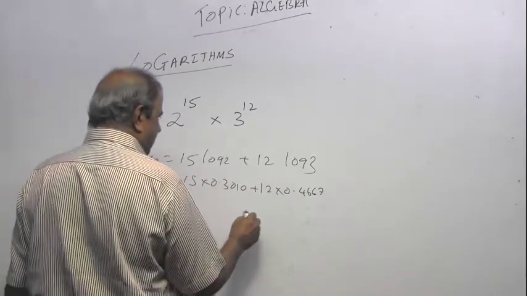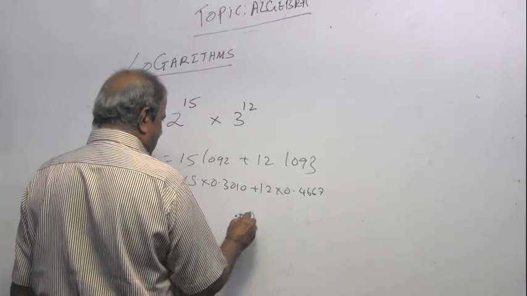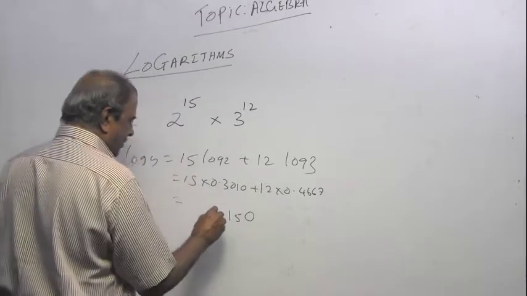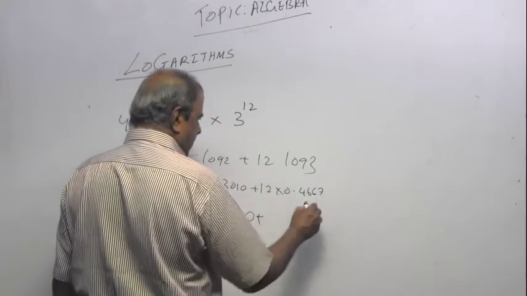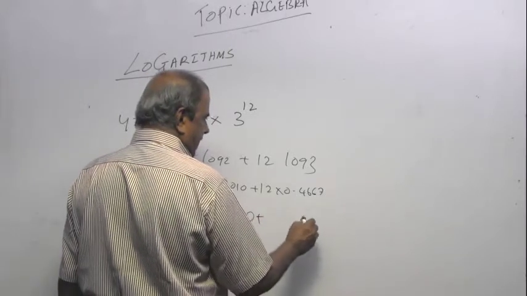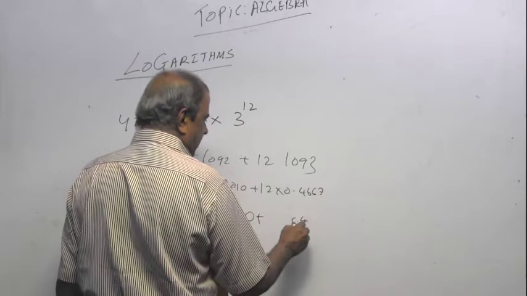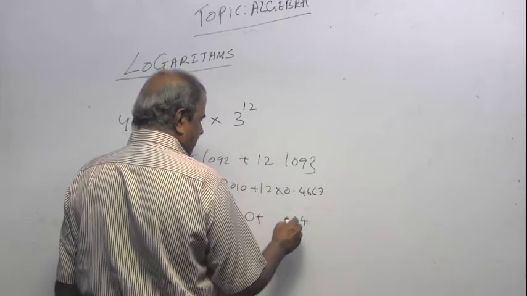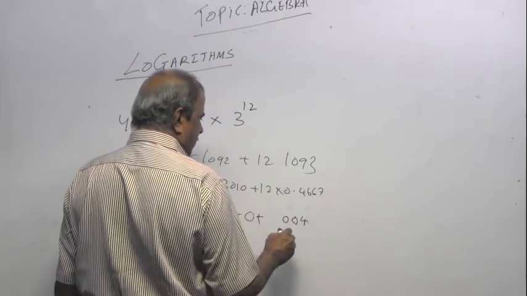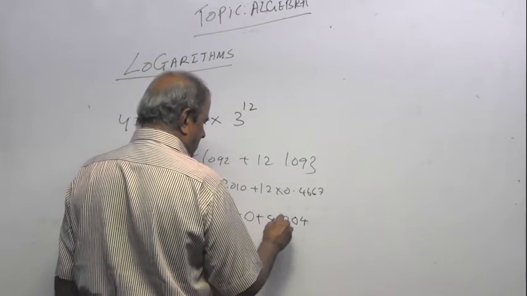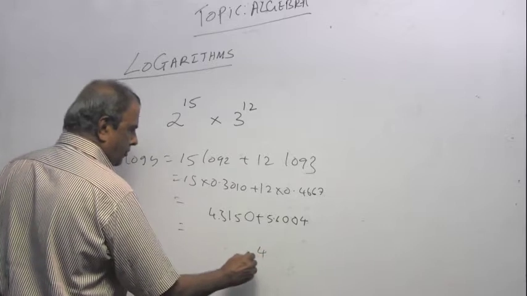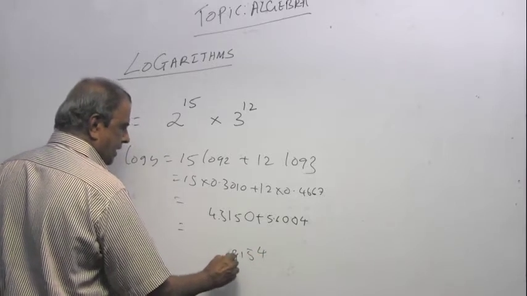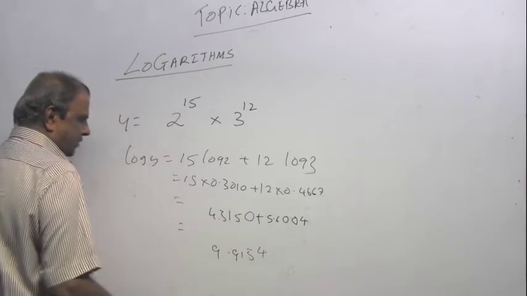Let me see, 15 times 0 is 0, 15 1s are 15, 15 0s, 1, 45. 4.5150 plus 12 sevens are 84, 8 plus 72 plus 8 88, 12 fours are 48 plus 8, 56. So that's something like 4.5 1 9 9, point 9154.